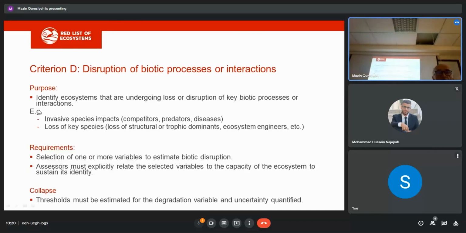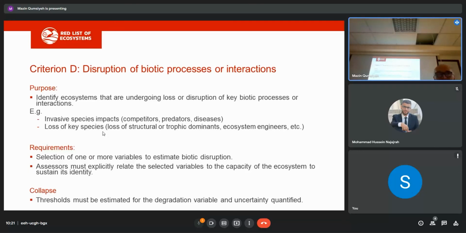And here we have the question of invasive species. If you have an ecosystem with invasive species, you will, of course, meet criterion D, or it could also be the loss of key species. If species important for the functioning of the ecosystem disappear, the ecosystem is no more the same.